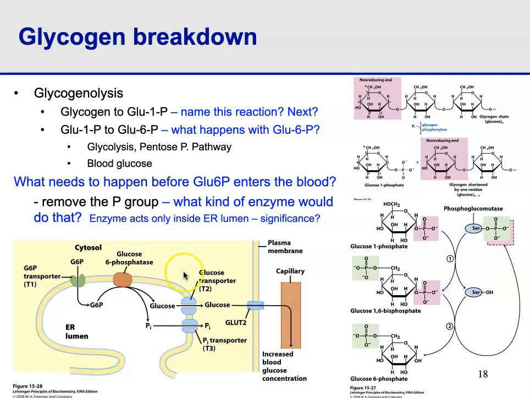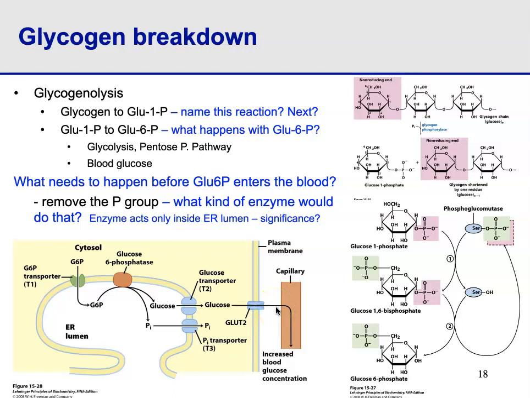There is transport through the ER membrane, but this area is basically separate from the cytosol. So we need glucose 6-phosphate to enter the endoplasmic reticulum, then the phosphate to be removed from glucose, and then glucose and the inorganic phosphate to be independently transported into the cytosol, and from there to the GLUT2 glucose transporter to be transported to the blood.